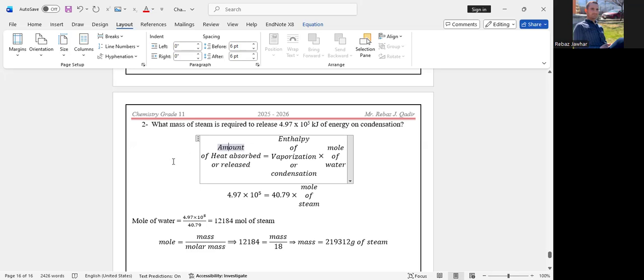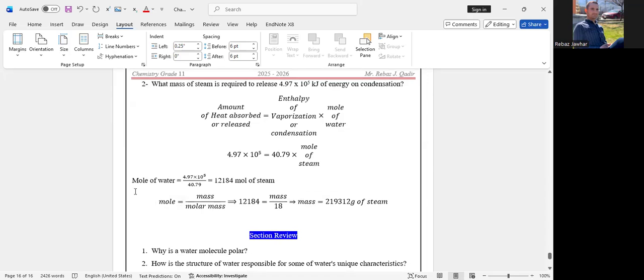Okay, let's use the values. The amount of heat is given: 4.97 times 10 to the power 5 kilojoules equals the enthalpy of vaporization. We said it's a constant and should be memorized: 40.79, a constant value, times the mole of water. Here we have to find the mole, then convert mole to mass.